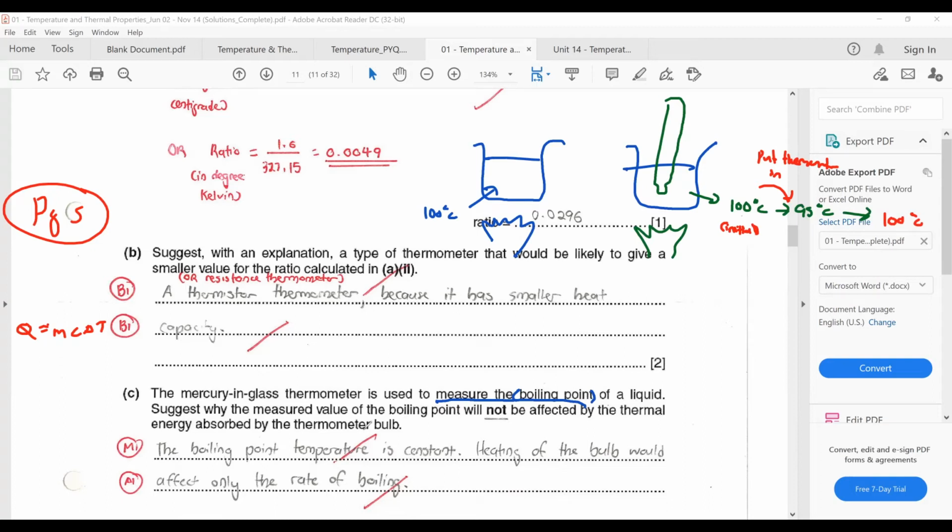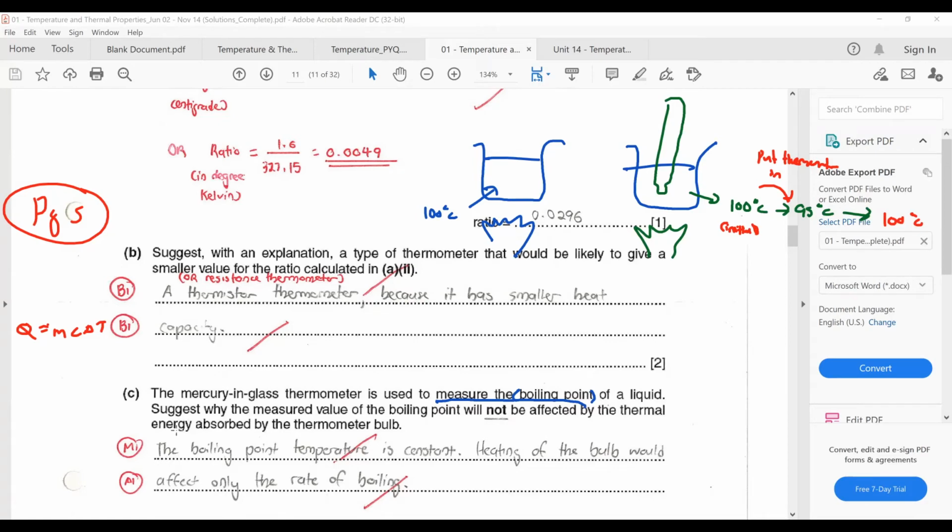So why the measured value of boiling point will not be affected by thermal energy absorbed by the thermometer bulb: you put it in, yes, your thermometer will absorb some of the heat, so in turn it causes the temperature to drop, but then you eventually go back to 100 degrees centigrade. Then after that, you will reach thermal equilibrium with your thermometer. So whatever you have measured there will actually still be 100 degrees. That's what this is trying to tell you.